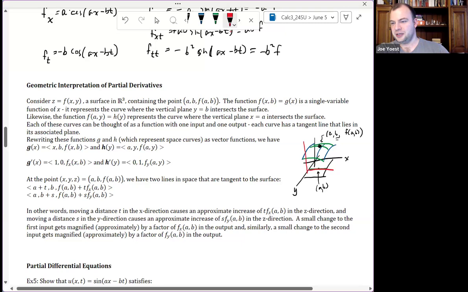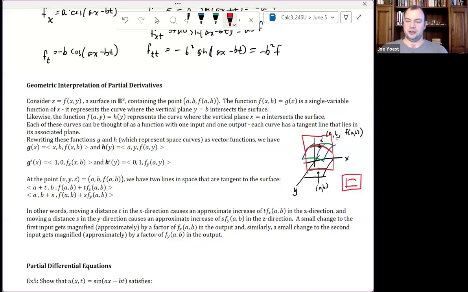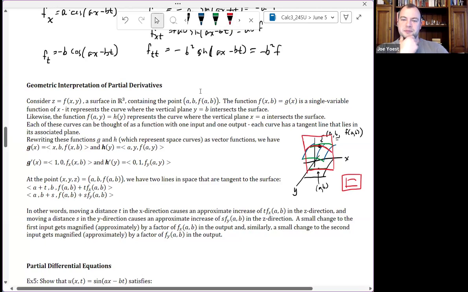We can imagine this plane here where it intersects this surface. That's really just a single variable function. It has one input where I'm at along that green line in the xy plane, and one output, the height. So it feels very much like Calc 1.